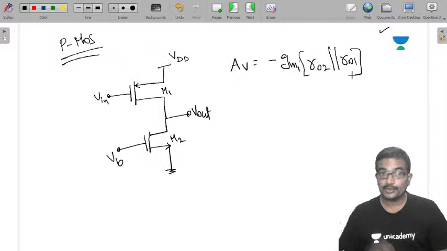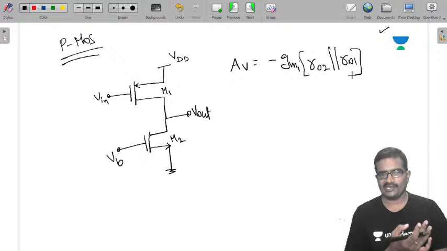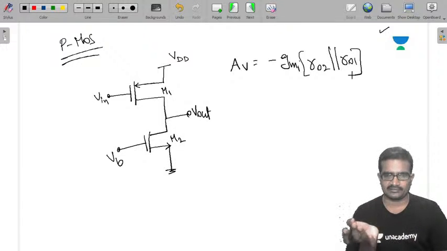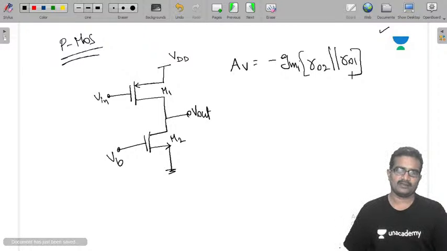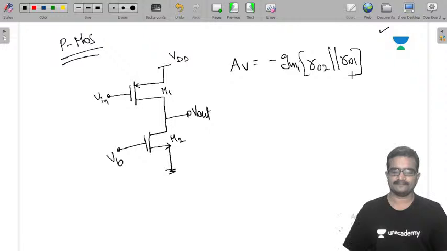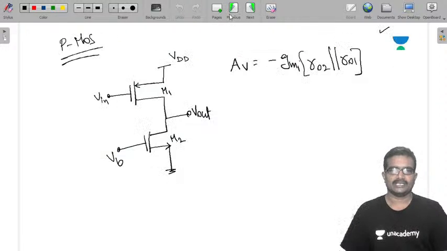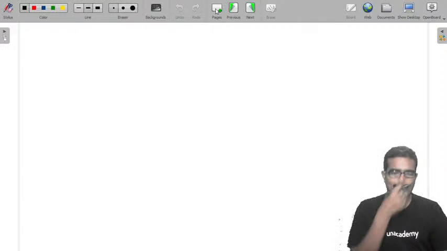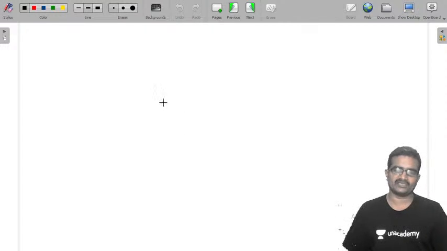That's it. You should practice such standard circuits, and these equations should be noted. Then only can you save time in your examination. This is about the common source amplifier with current source load. Next, I am going to the common source stage with the diode connected load.